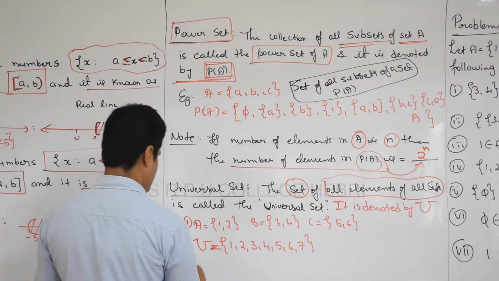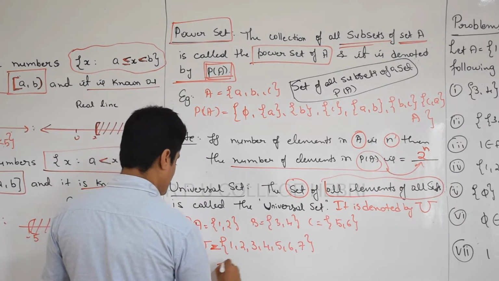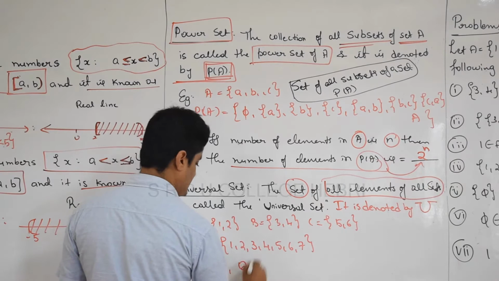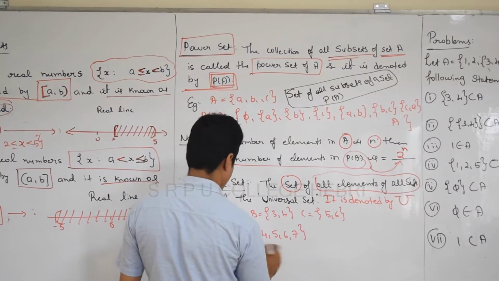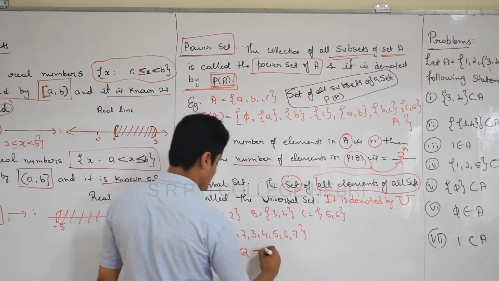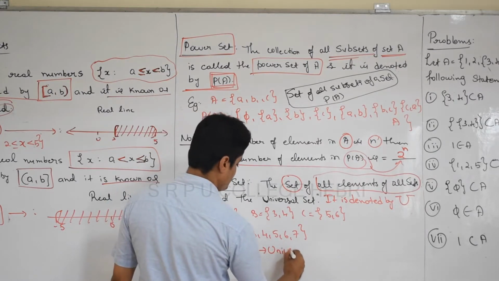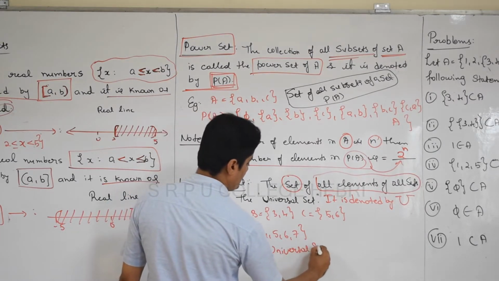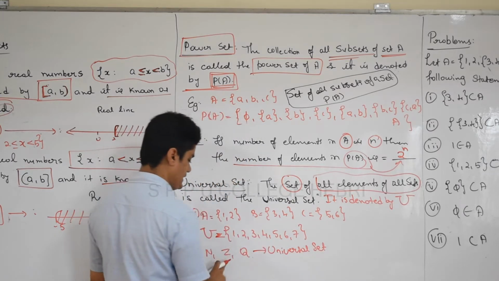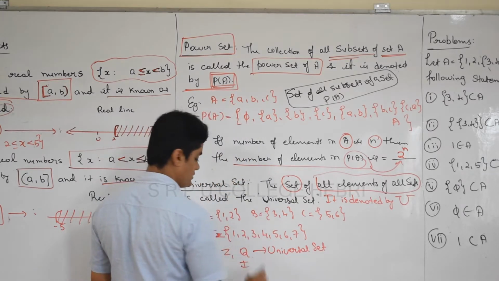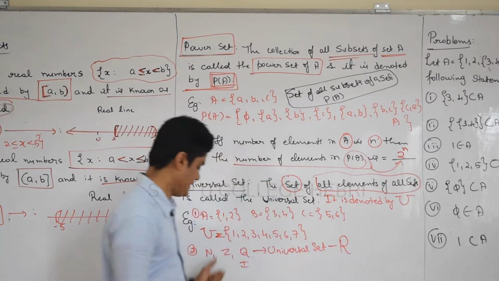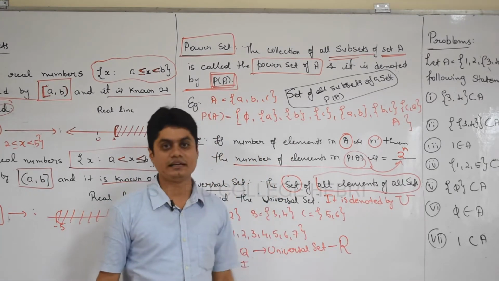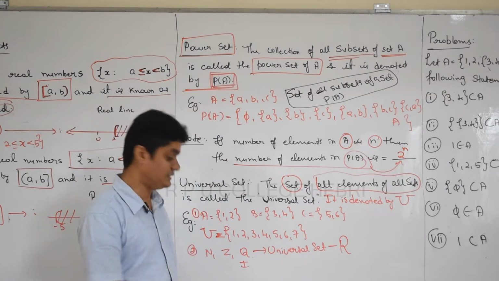If I take one more example, like the set of all natural numbers, set of all integers, set of all rational numbers, and set of all irrational numbers, what will be the universal set? R contains each and everything: N, Z, Q, and the irrationals all are contained in R, and R contains other elements also.